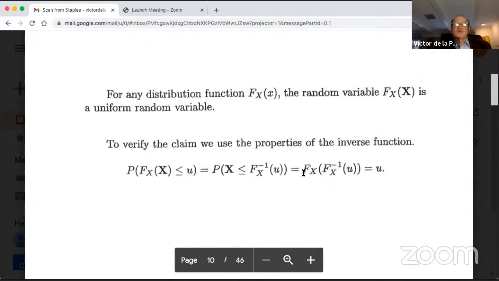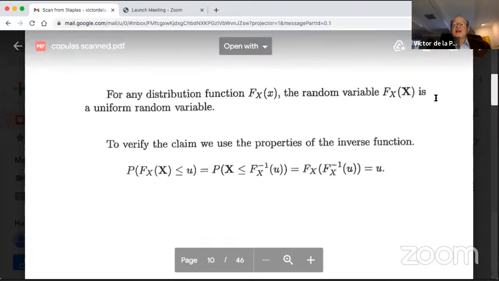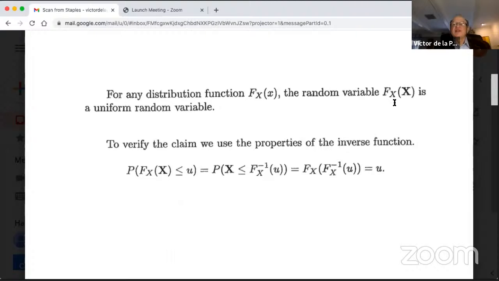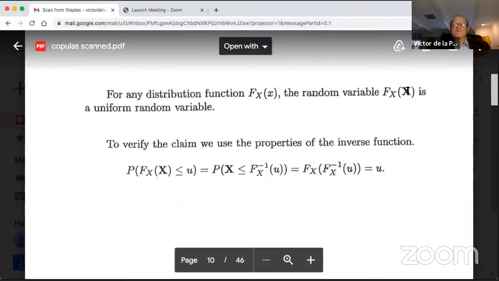Okay, so now a key fact is that if we take our distribution function and evaluate it at the random variable associated with the distribution function, so the cumulative distribution function, which is deterministic, evaluated at a random variable, then this is going to be a uniform random variable.